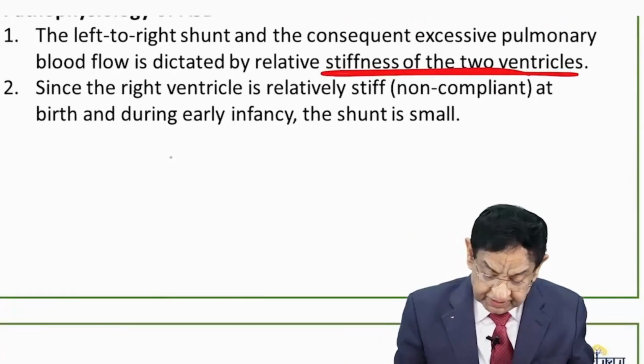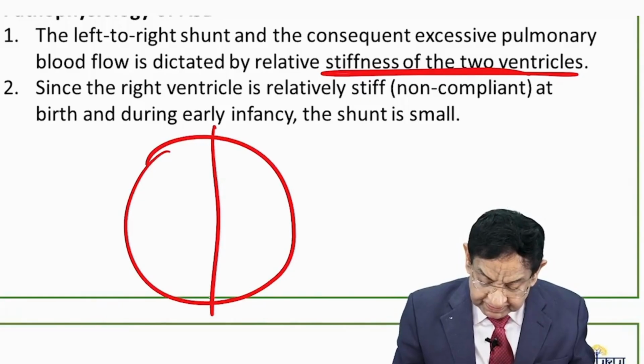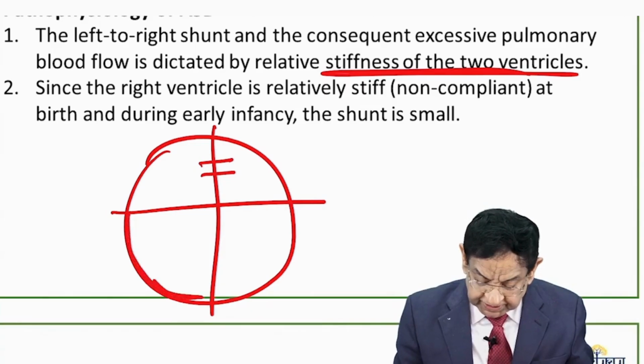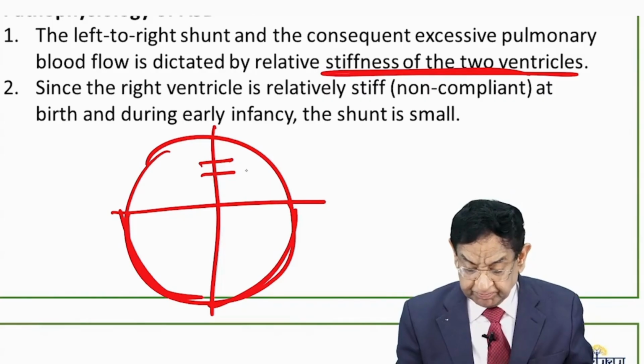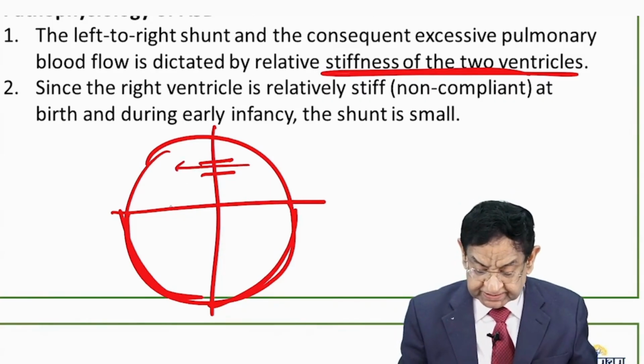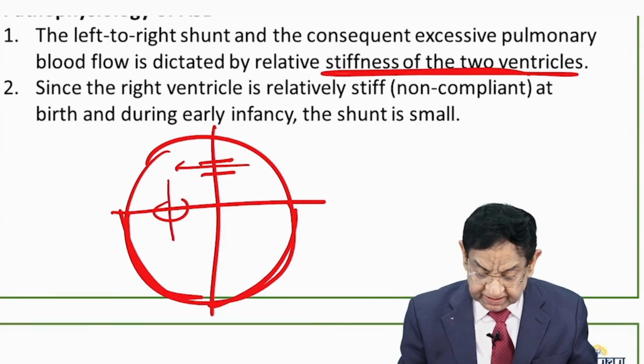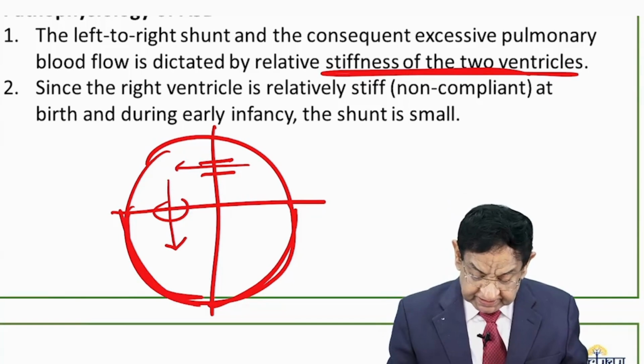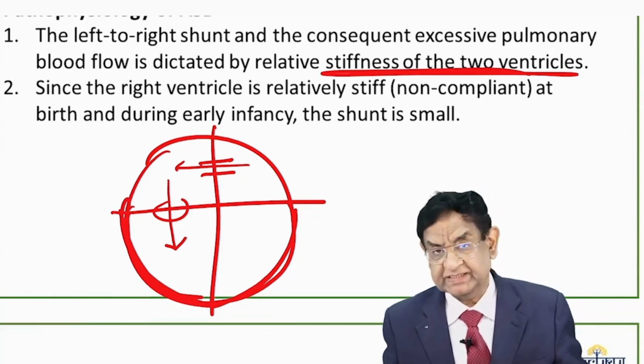Go back to basics. In ASD, the ventricles at birth are stiff. Blood is coming, yes, but it cannot come very easily. Why? They are not very distensible.